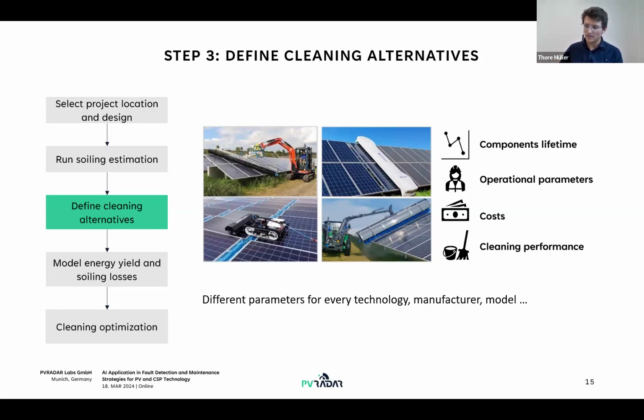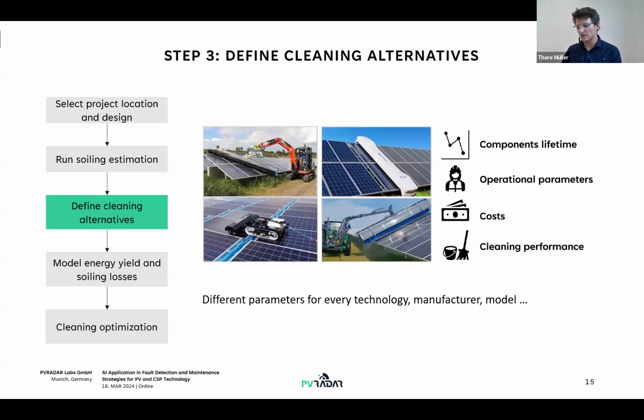We offer a database of available cleaning systems, but users are always able to fine-tune every single value if you think you have a better estimate, or just would like to find out what happens if the cleaning efficiency was a little bit higher or lower. You immediately get the impact on the total cost of ownership of that system.